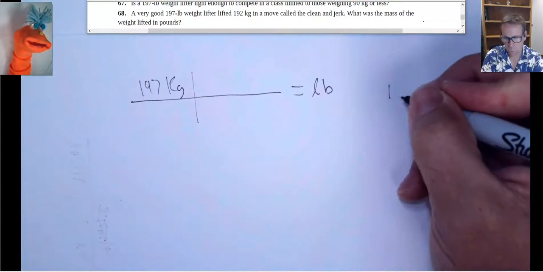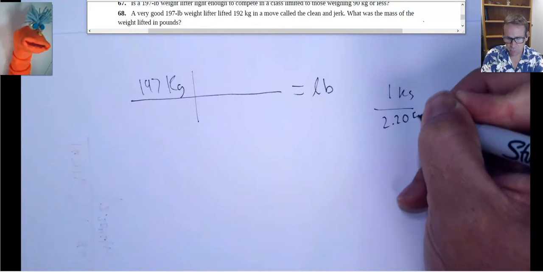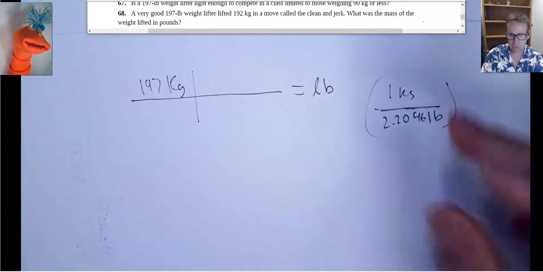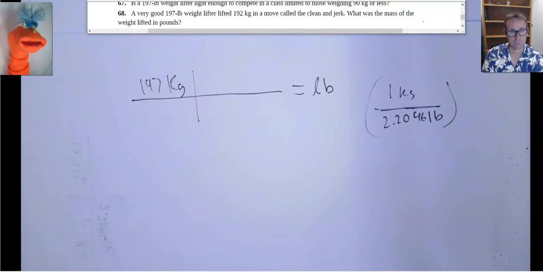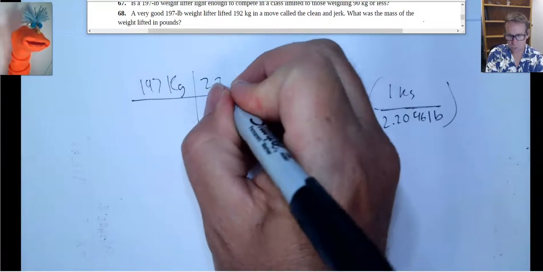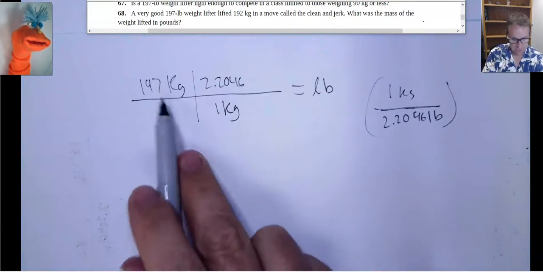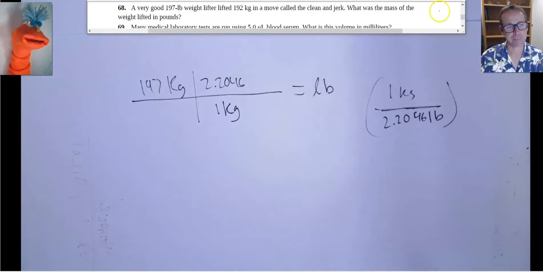I know that 1 kilogram is equal to 2.2046 pounds. Is that the way I want to use the conversion factor? Not quite. You want to flip it. Right. I need my kilograms down on the bottom, and I need my 2.2046 pounds up top. So 192 times the 2.2046, and that should be our answer.